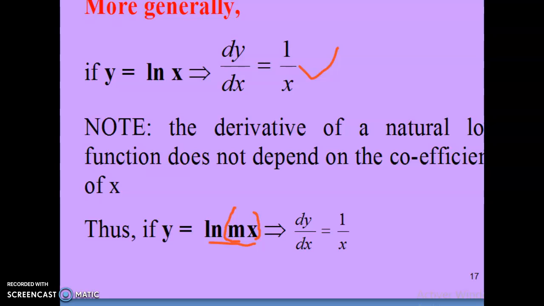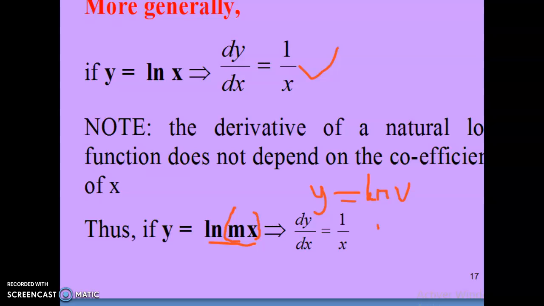Let us say this one is ln v. Want to find the differential of ln v.